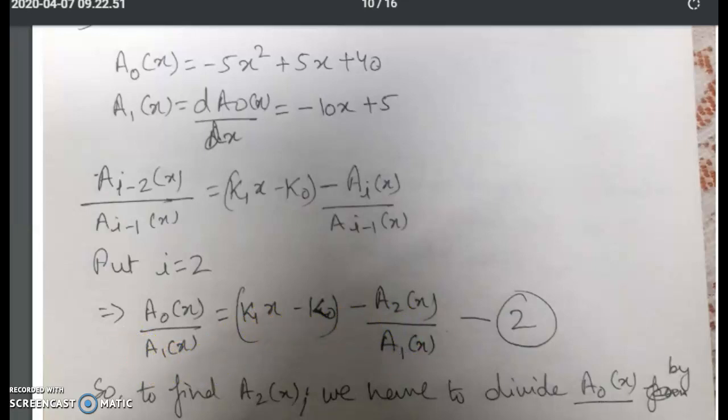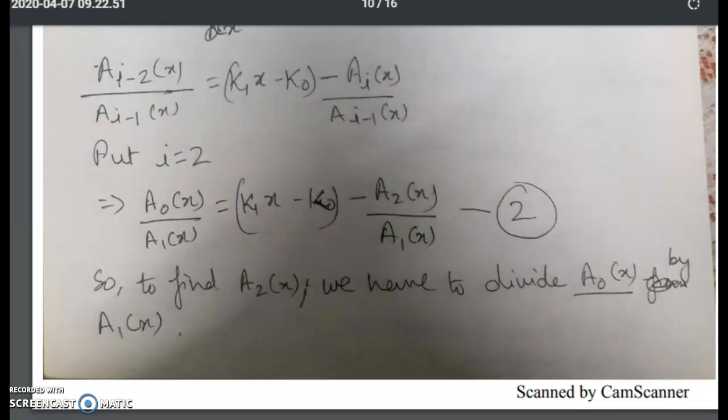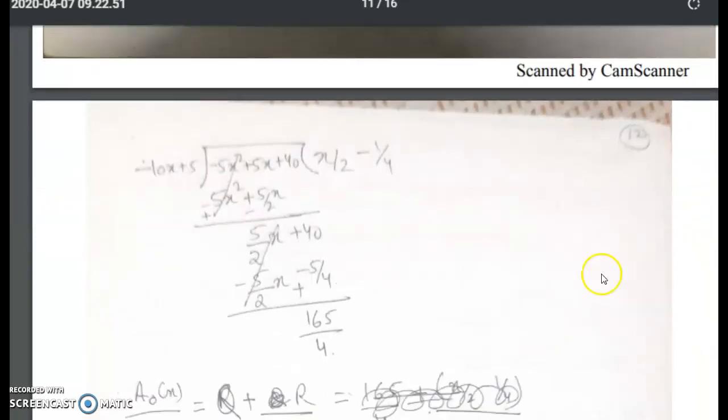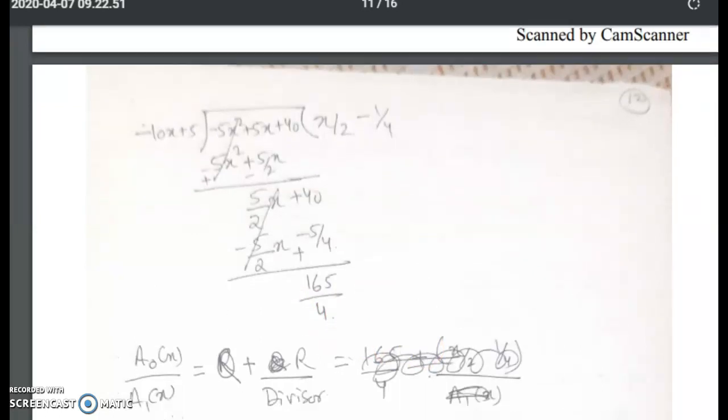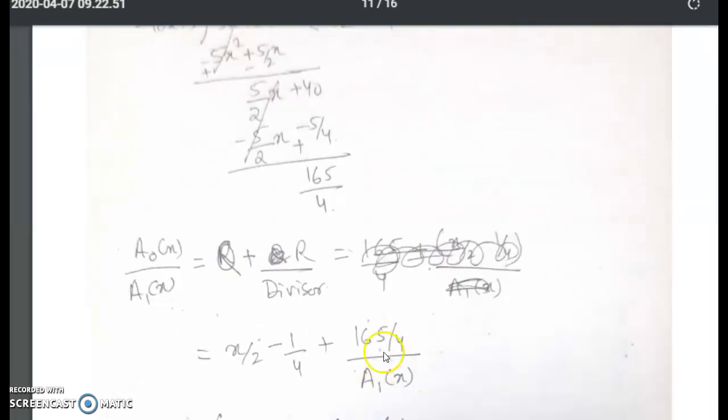So to get this a2, we have to divide a0 by a1. When we divide a0 by a1, we have to divide it up to 2 quotient terms. When we divide it further up to 2 quotient terms, we get the remainder 165 by 4. Now this whole can be written as quotient plus remainder upon divisor. So we can write it as x by 2 minus 1 by 4 plus 165 by 4 upon a1x.